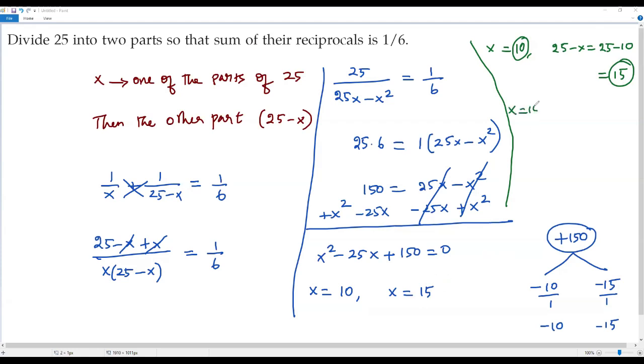Let me plug in x equals to 15. Then I'm getting 25 minus x equals to 25 minus 15. Then I'm getting 25 minus 15 is 10. When one of the parts is 15, the other part is 10. Anyways, we get the same results. So we divide 25 into two parts, so that the sum of the reciprocals is 1/6. Such two parts are 10 and 15.